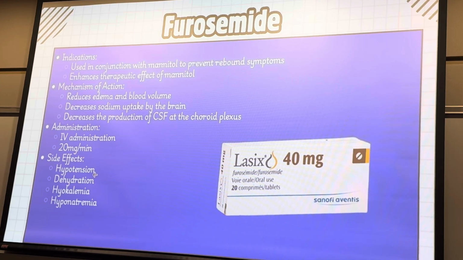Is it going to affect my potassium levels? It should. It's also going to affect some other electrolytes. It can also cause some dehydration. But again, our goal is to decrease that intracranial pressure by pulling off that excess volume, that excess fluid, and diuresing it out, urinating it out.